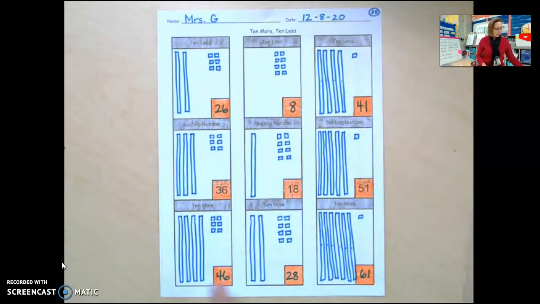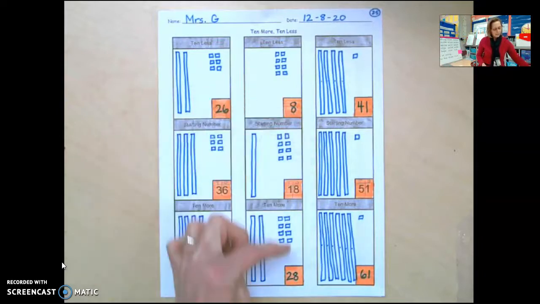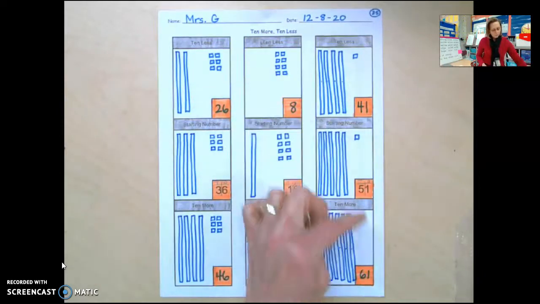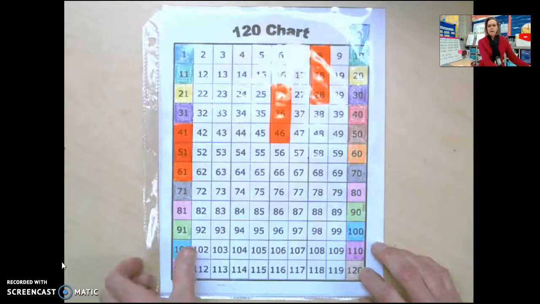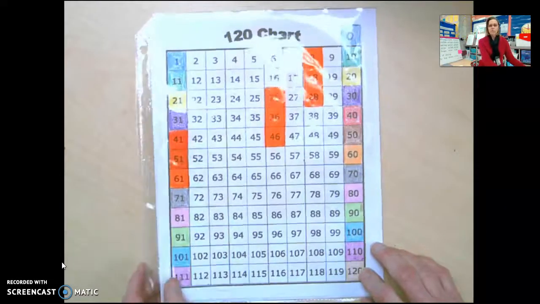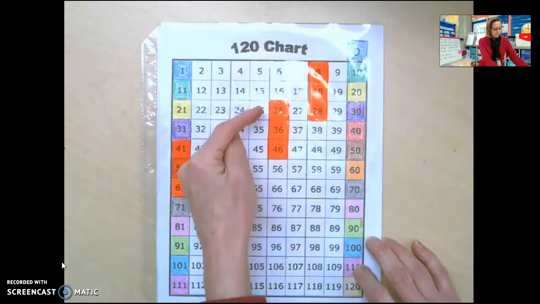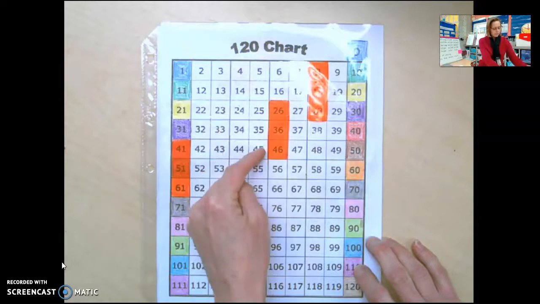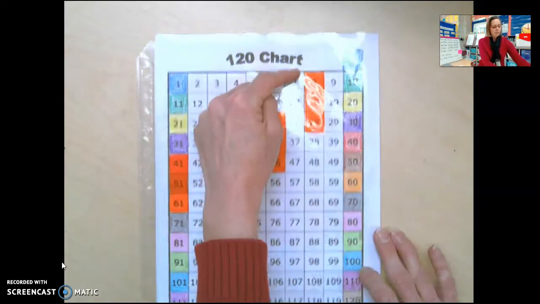So these numbers, 26, 36, 46, 8, 18, 28, 41, 51, 61, are these rectangles right here. You can see this is the one on the left side, 26, 36, 46. And actually this is the one that we did first.